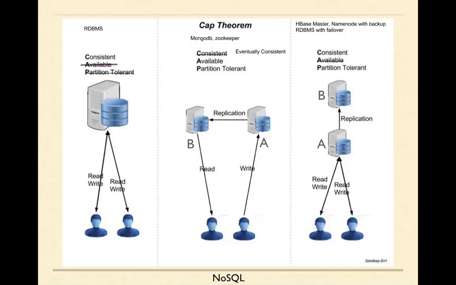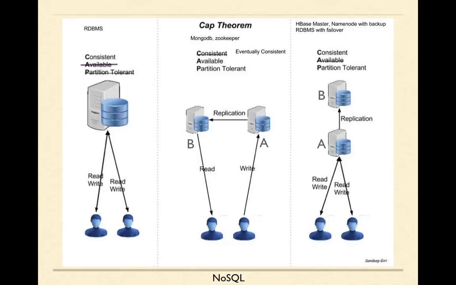But this kind of model is very much available, because users can read from A as well as B, and no single machine is a bottleneck. Next is partition tolerance. If there is a network failure between A and B, users will still be able to read from this database, right? Therefore, this kind of database, which is running on two machines, A and B, is partition tolerant.